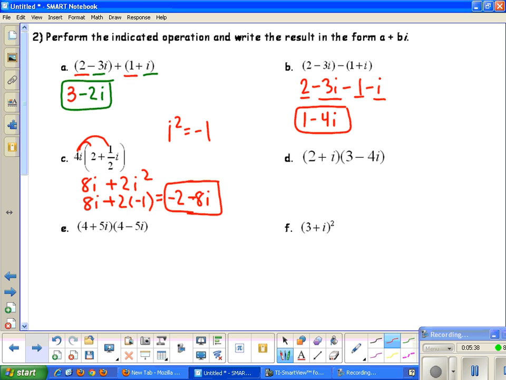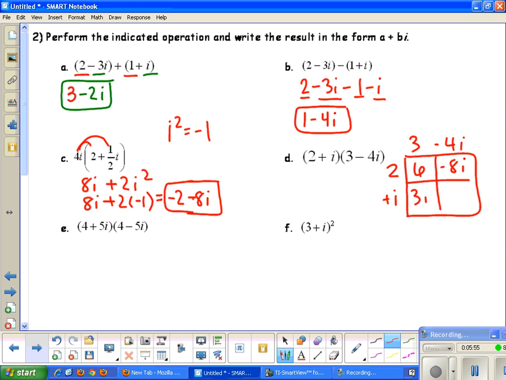For D, I would want to box or FOIL this out, whatever you prefer. If you like to do the box method, fine. If you prefer to just FOIL, that's okay as well. And then when we do this, we would want to combine our like terms, which are right here.